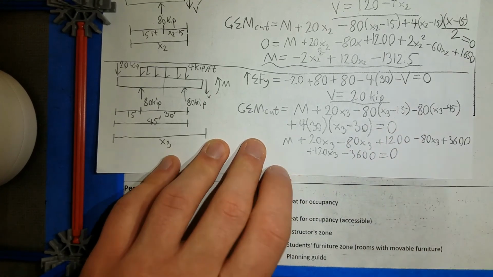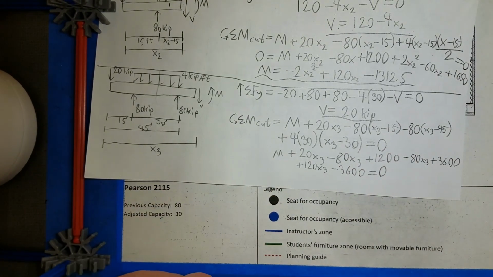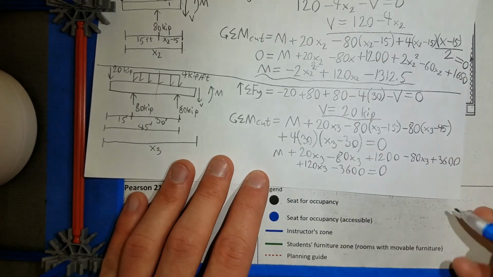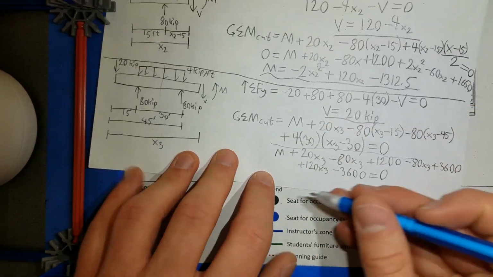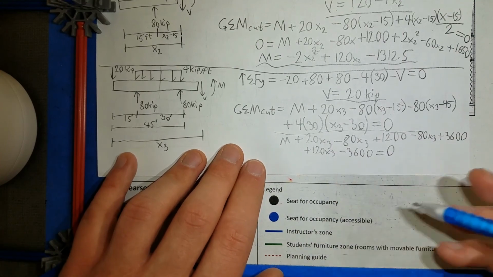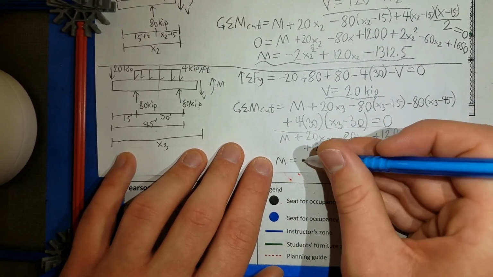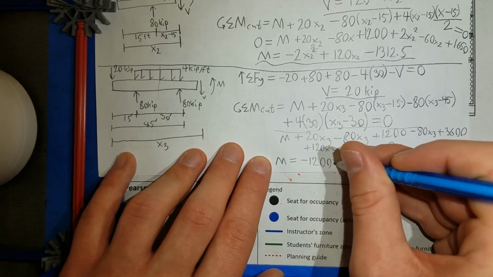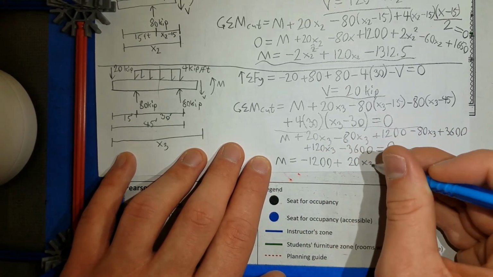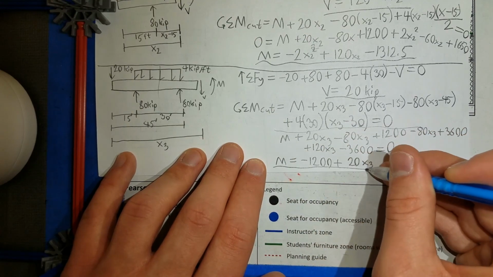And all of that is going to be equal to 0. And I only wrote that out just so you guys could see what it would look like expanded out like that. And then we're going to combine like terms and solve for M. We're going to end up getting that M is equal to negative 1200 plus 20 times x3. And that's our formula for the moment there.